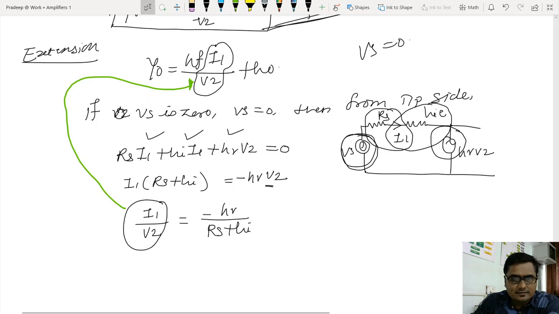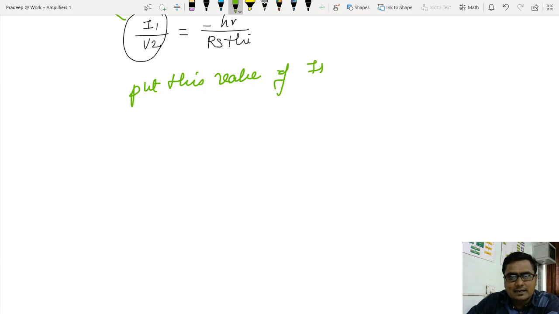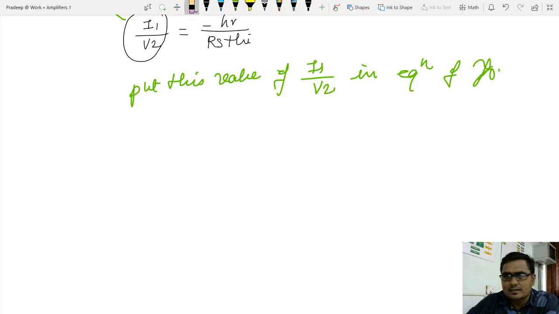Now here, let me write, put this value of I1 divided by V2 in the equation of Yo. Yes, my handwriting is too bad, I know that. Okay, we have used a green pen, no matter.